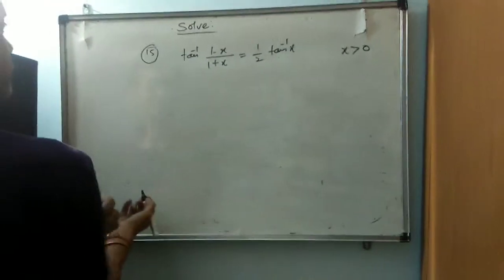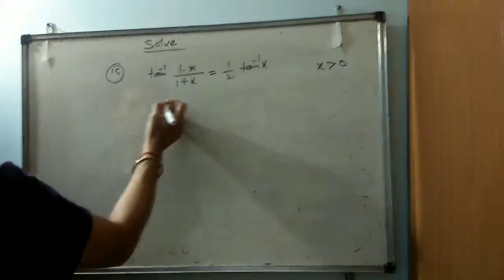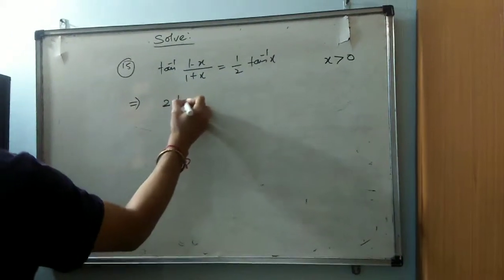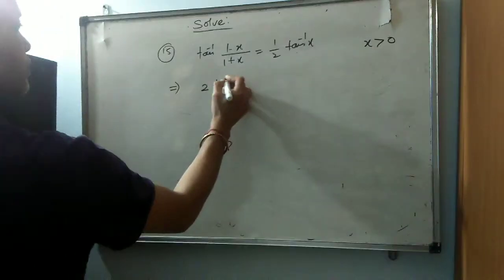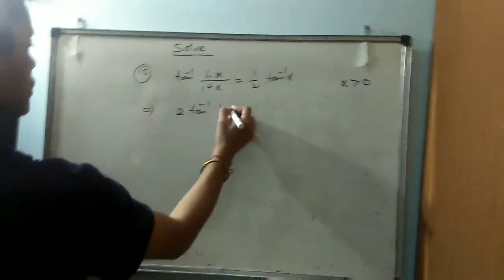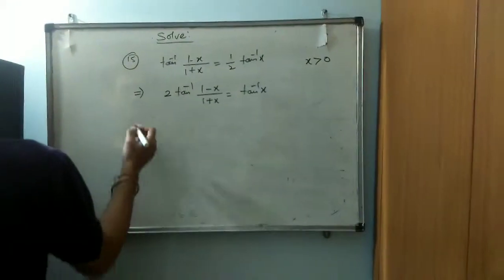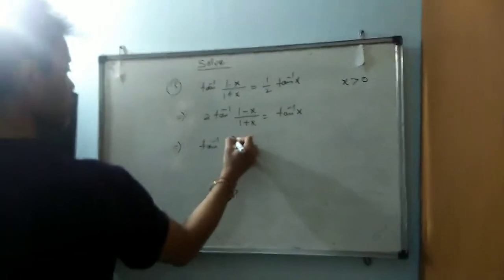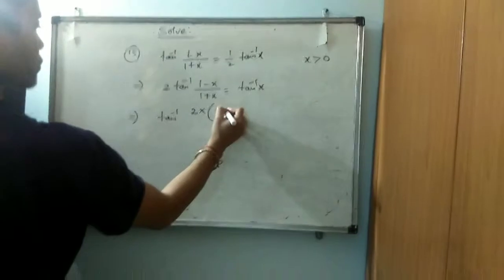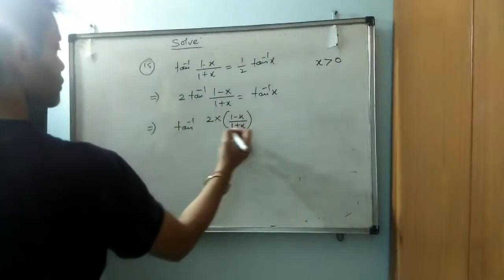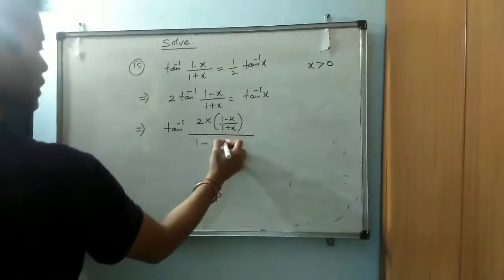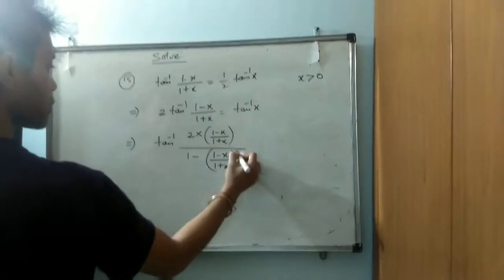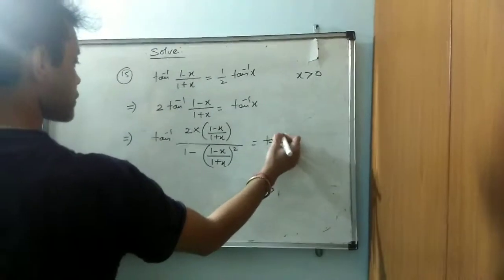So once again, proceeding with 2 tan inverse (1 minus x upon 1 plus x), which gives us tan inverse of 2 into (1 minus x upon 1 plus x) divided by 1 minus (1 minus x upon 1 plus x) whole square, is equal to tan inverse x.